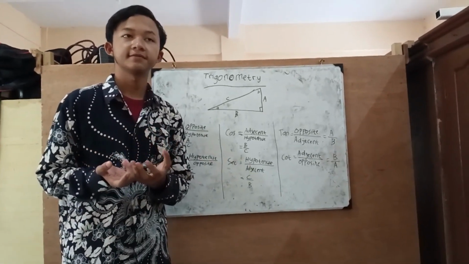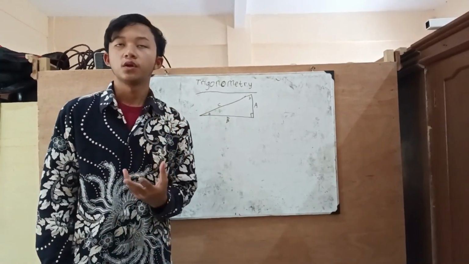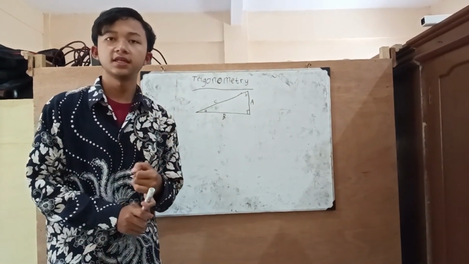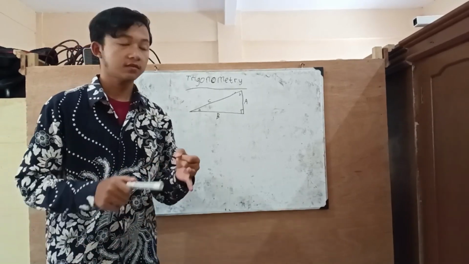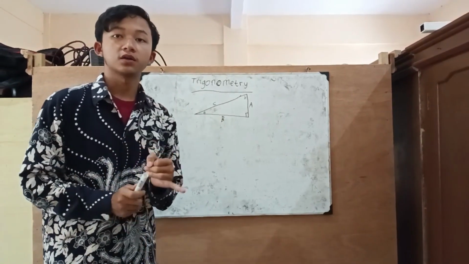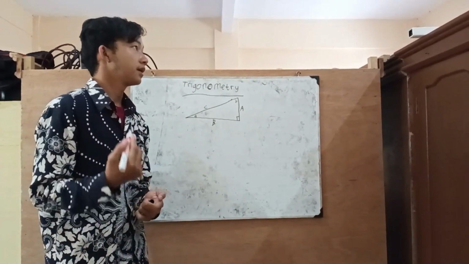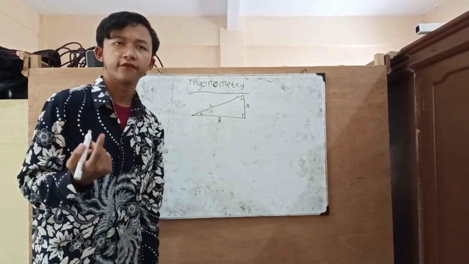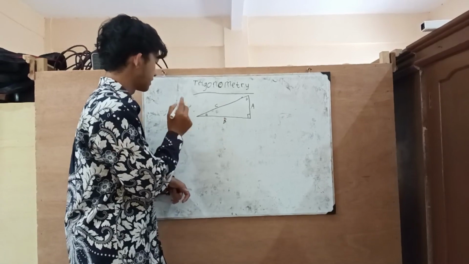Do you understand? Okay, in trigonometry, there are periodicity and quadrants. The first is periodicity. Sin and cosine have the period 2 pi, or we can say 360 degrees.